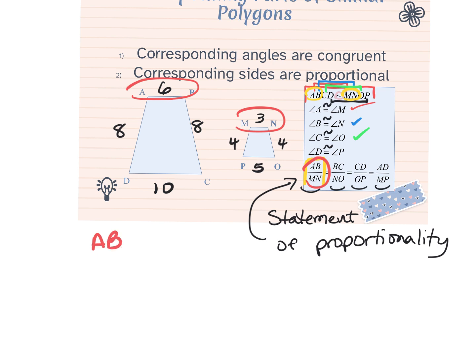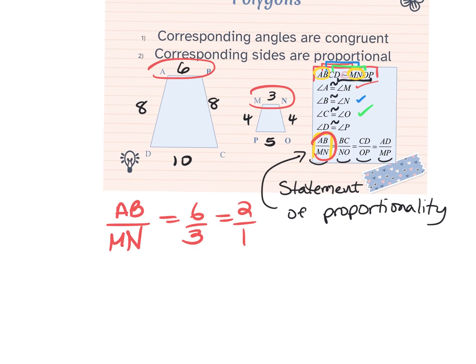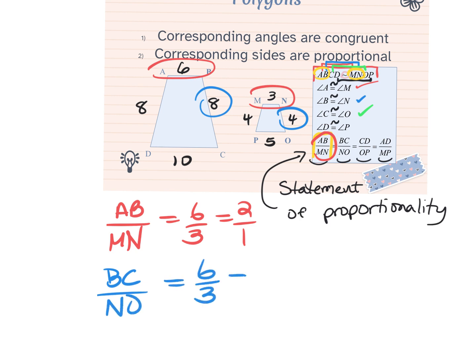So if I do AB over MN, 6 over 3 simplifies to 2 to 1. And then if I go the next one, the BC with the NO, that corresponding match, sorry, it's 8 over 4. It also needs to simplify to the same ratio.